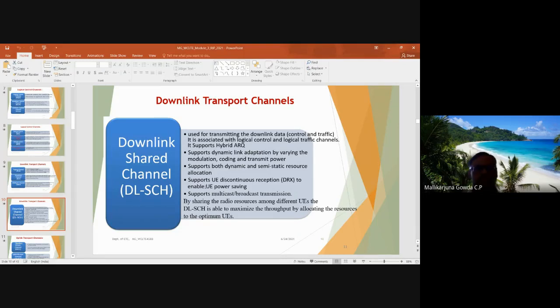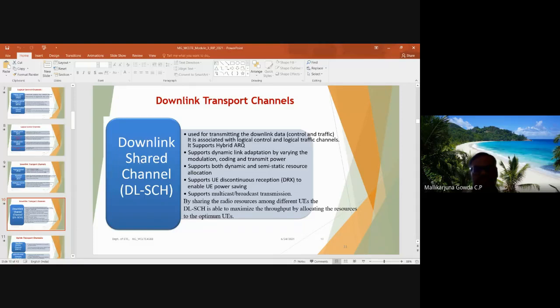It also supports dynamic link adaptation by varying the modulation, coding, and transmit power. So it is an important channel, the downlink shared channel.